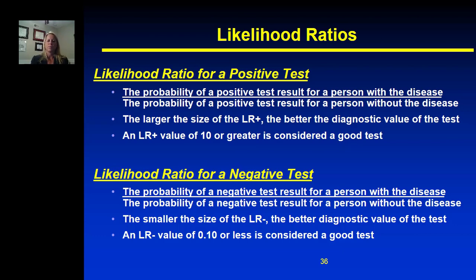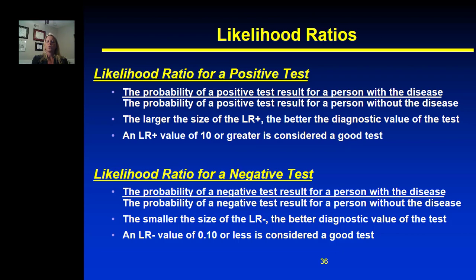So it's a relative measure. So the likelihood ratio for a positive test is the probability of a positive test for a person with the disease over the probability of a positive test among a person without the disease.